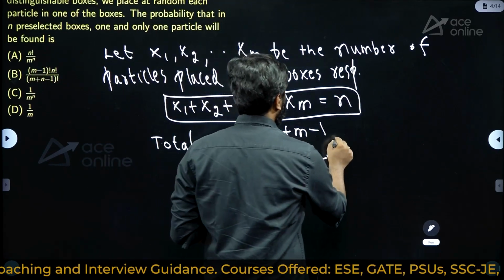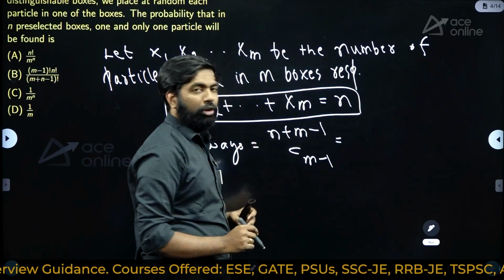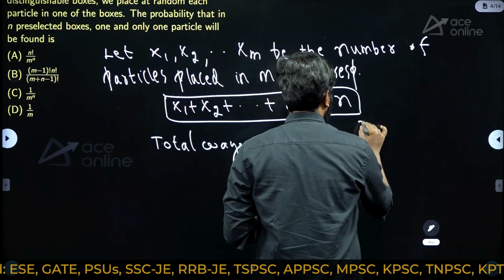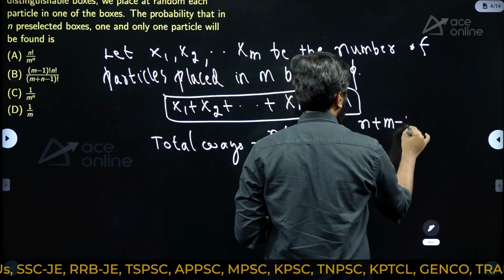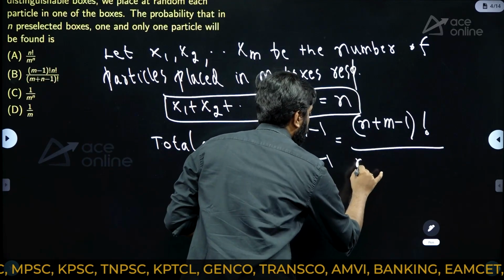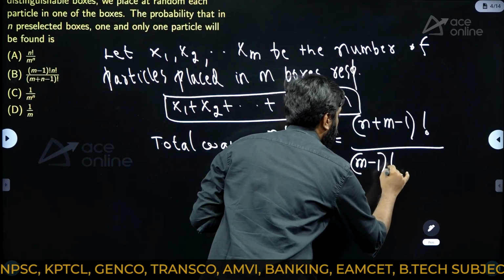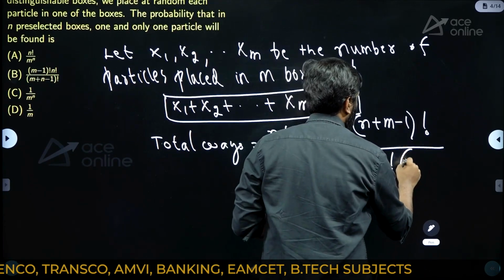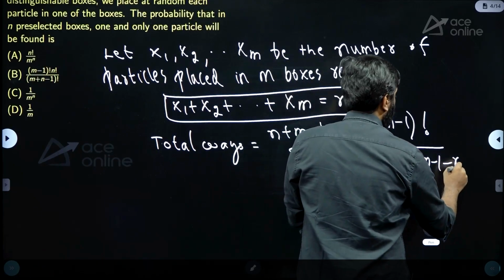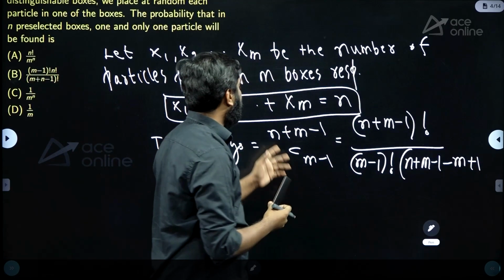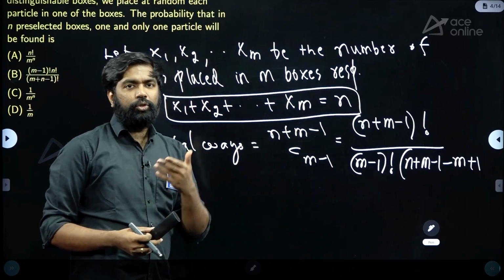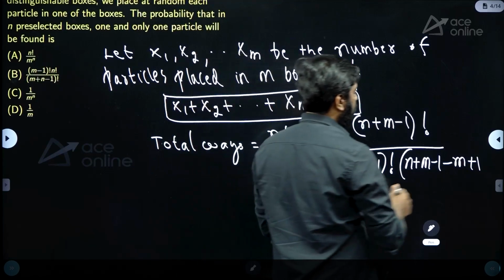You can simplify this result. This is something like nCr form. What is nCr? n factorial by r factorial into (n minus r) factorial. That is (n plus m minus 1) factorial by (m minus 1) factorial into (n plus m minus 1 minus m plus 1) factorial, because you have to subtract these two quantities. When I subtract, this is what I get.